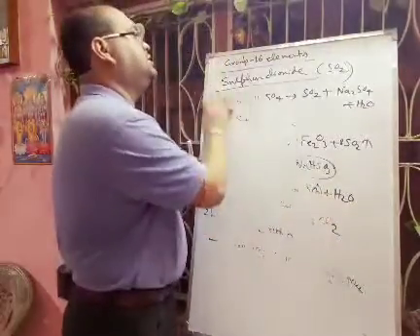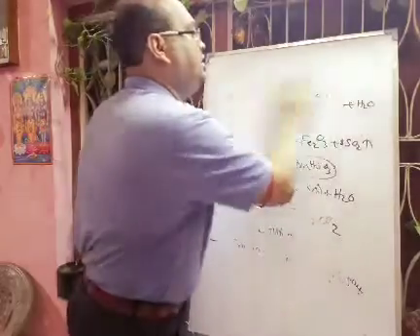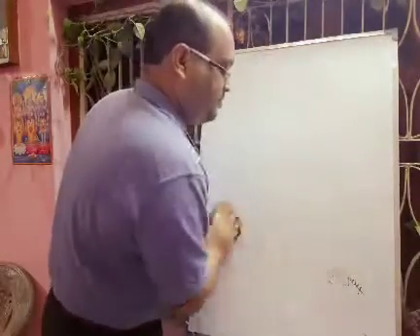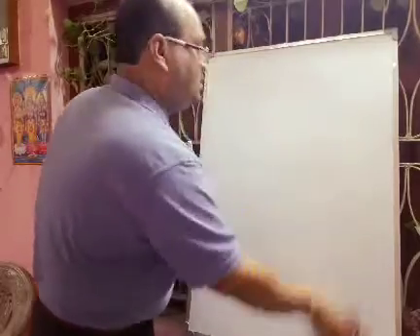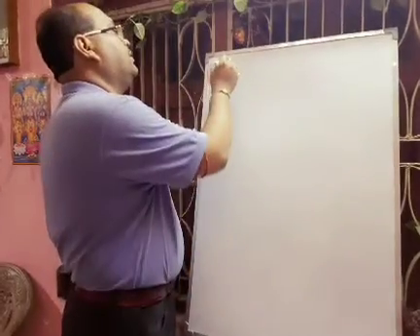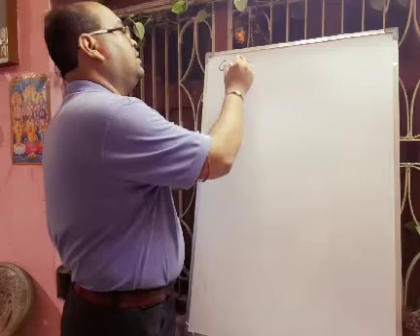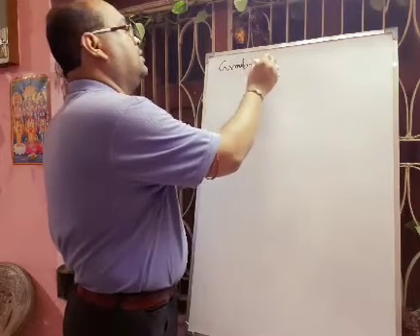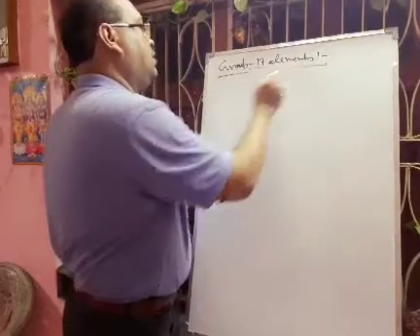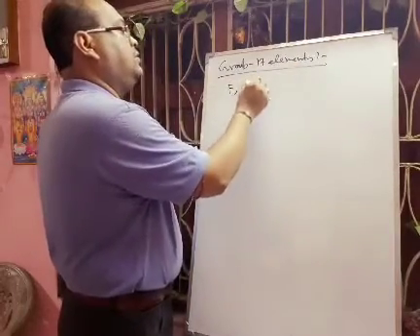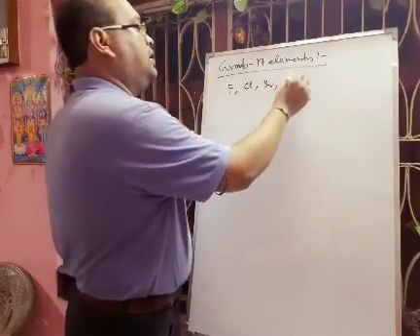Next we will discuss group 17 elements. All of you know the members are fluorine, chlorine, bromine, iodine, astatine.